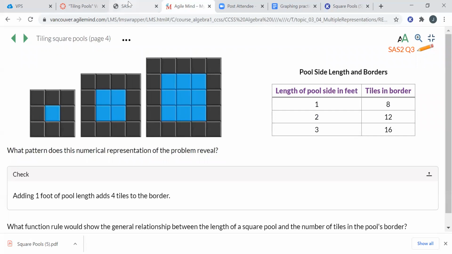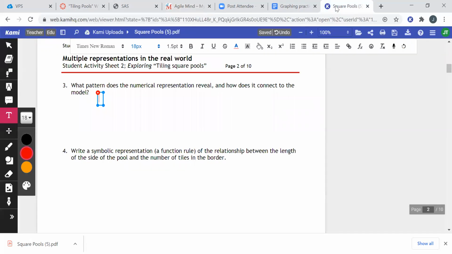Now, that might seem like the solution, like, oh gosh, I just solved the problem. It seems that adding 1 foot to the side of the pool adds 4 tiles to the border.